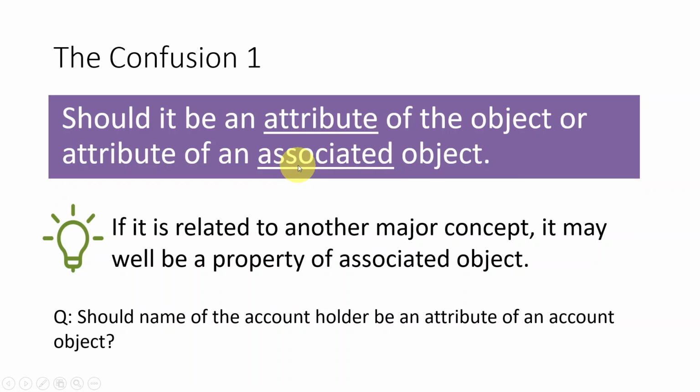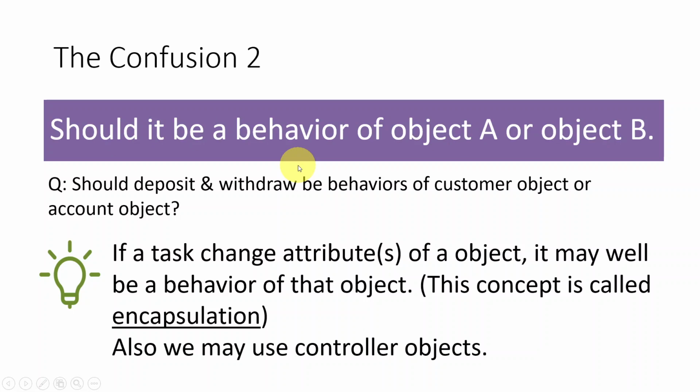So if an attribute is part of a different object, we better model it as an attribute of that object. Therefore, we must model the account holder's name as an attribute of the account holder or the customer rather than an attribute of the account class.